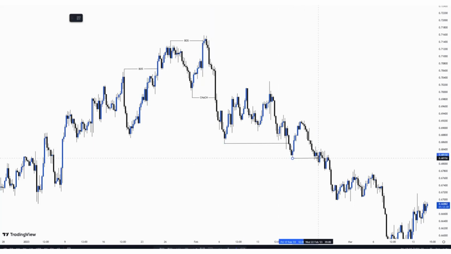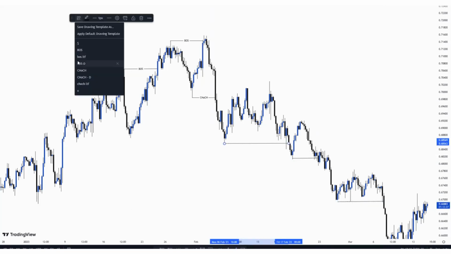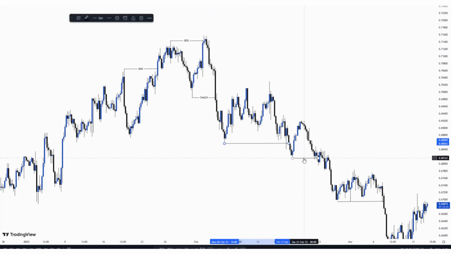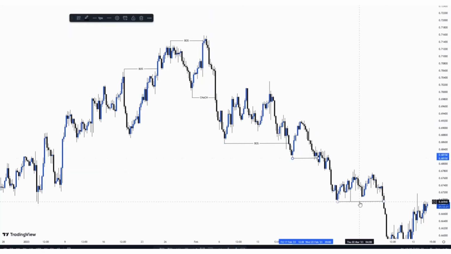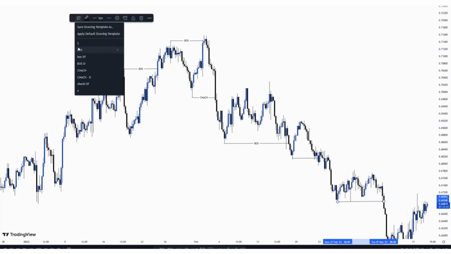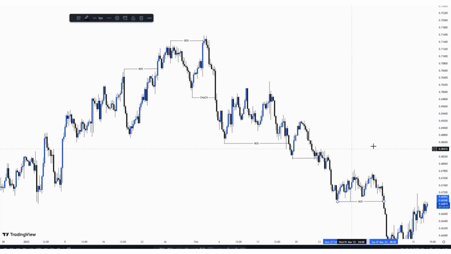These are all breaks of structure. Let's just label that quickly. I've said that we're not spending time on this, so if you need more clarity, I would really recommend the first video.